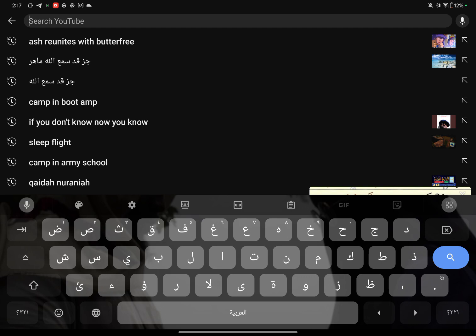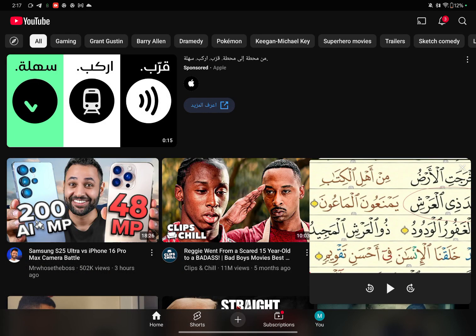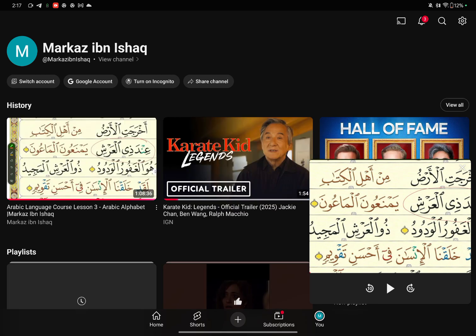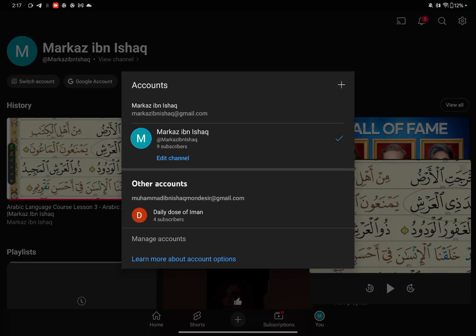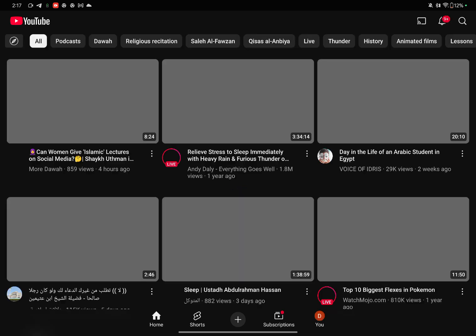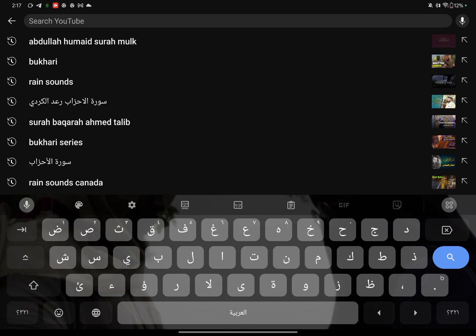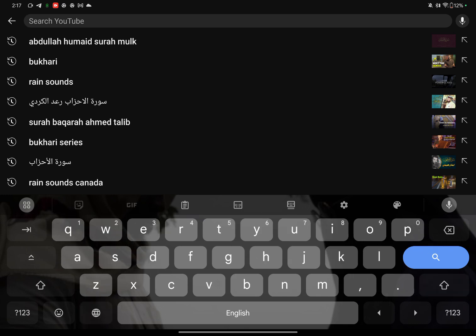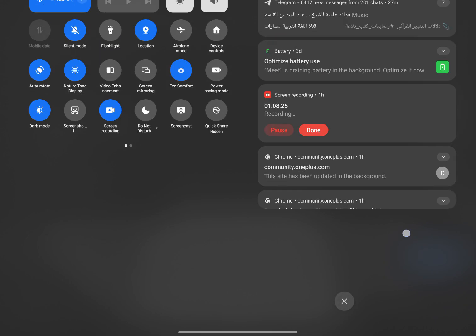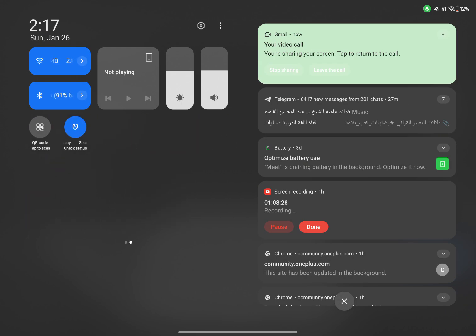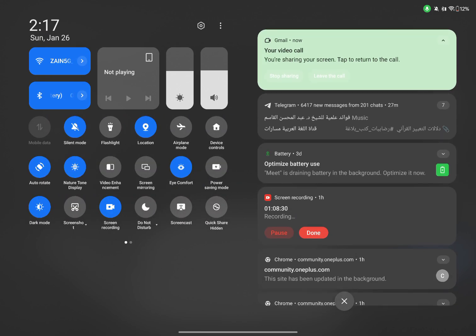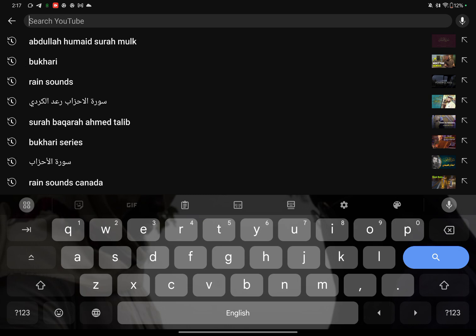I study on a MacBook? No, it's actually a OnePlus. Yeah, it's a OnePlus. It looks just like an Apple, as a matter of fact. If you notice, this interface here is almost like Apple. They do that on purpose.